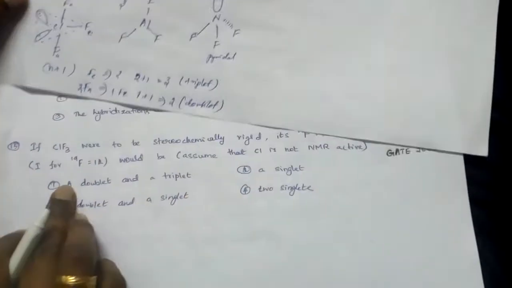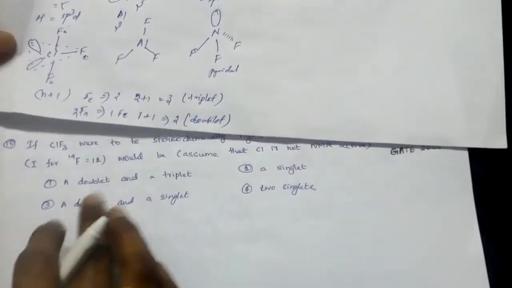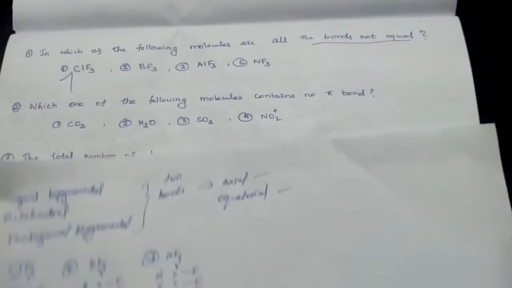So the option is a doublet and a triplet. These are advanced questions asked in GATE exams. If you know the geometry, you can answer the NMR question also.